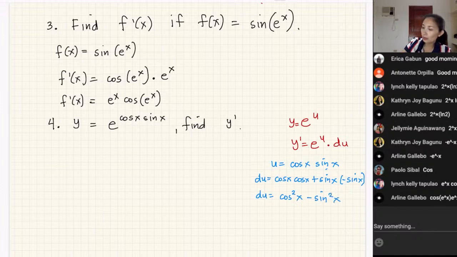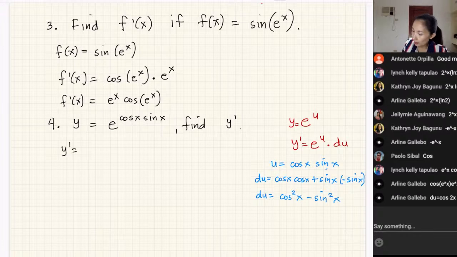So let's go back to the original function. Your y prime is equal to e to the u times du.